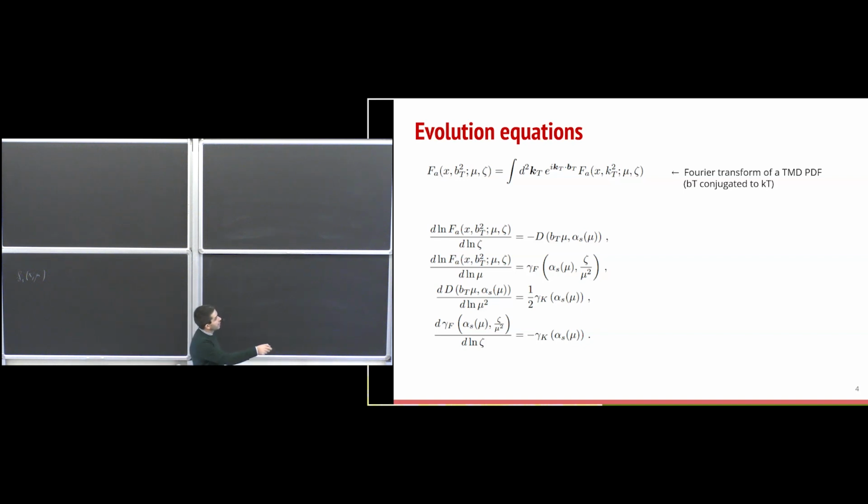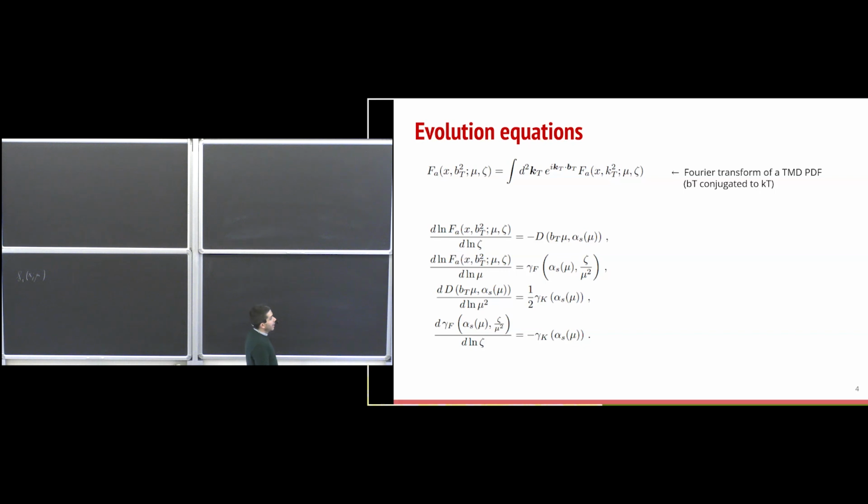The first one tells you what the evolution of the TMD PDF is with respect to zeta. When you renormalize these rapidity divergences, you get an evolution with respect to this zeta variable, which is related to the rapidity. And this function D here acts as the anomalous dimension for the evolution.